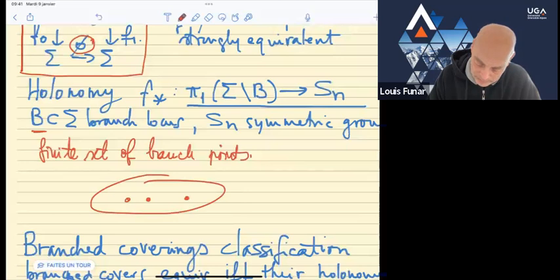So here are the points P1, Pn, and any extra point Q has above it a number, let's say n, of images.